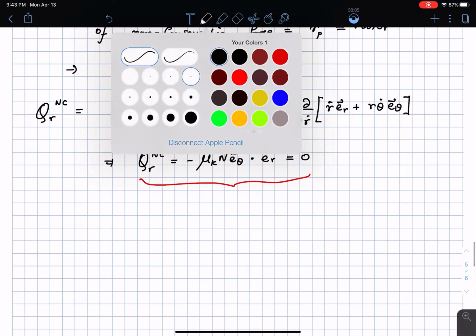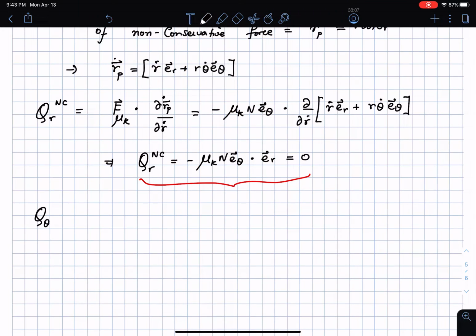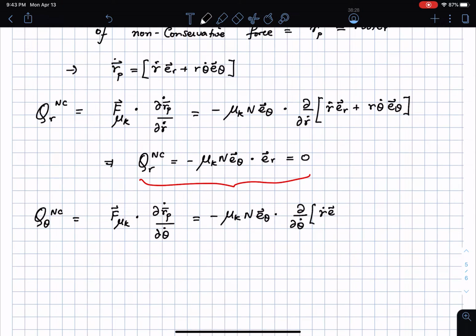Likewise, let's find Q theta NC. This is F mu k dotted with d by d theta dot of where the force is acting, minus mu k times n times E theta dotted with d by d theta dot of R dot ER plus R theta dot E theta.